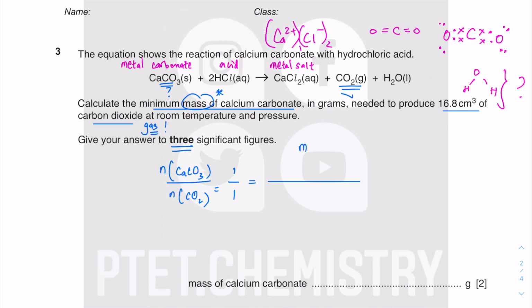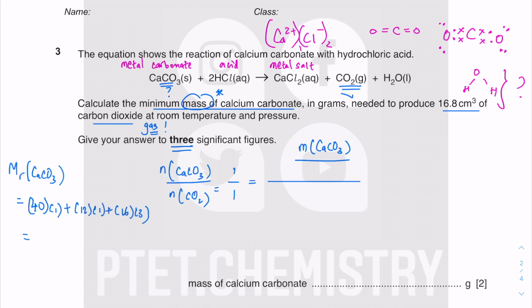So I have mass of calcium carbonate divided by the Mr. So I should really work out my Mr of calcium carbonate on the side, and I have to show my working. 40 times 1 plus 12 times 1 plus 16 times 3. Put it onto your calculator and you will get 100. I've done calcium carbonate a lot of times to know that it will give me 100. So mass in gram over the Mr in gram per mole.